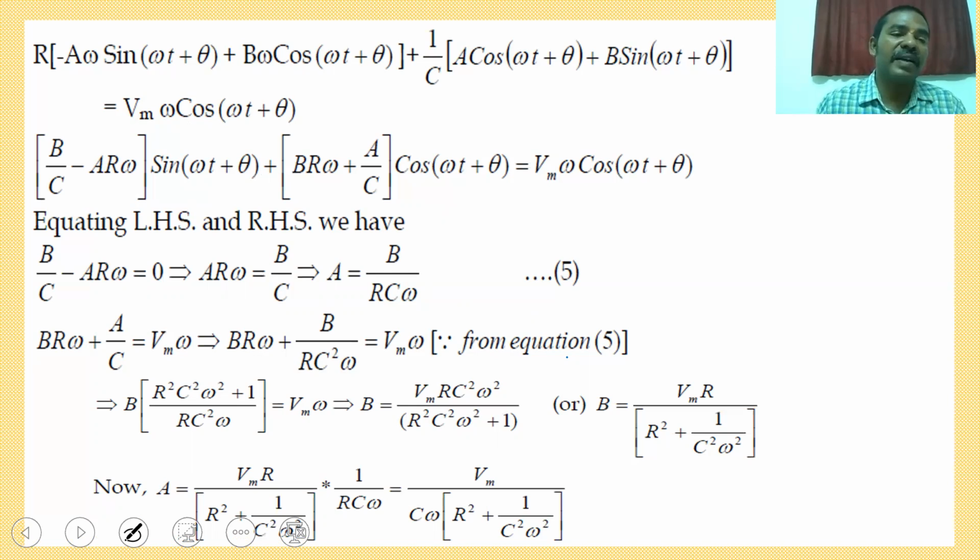Then you are segregating the sine terms and cosine terms: (B/C − A R ω) sin(ωt + θ) + (B R ω + A/C) cos(ωt + θ) = Vm sin(ωt + θ).